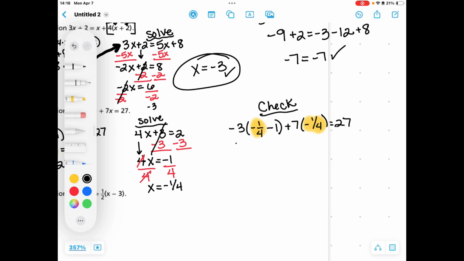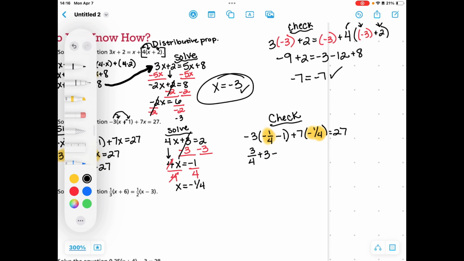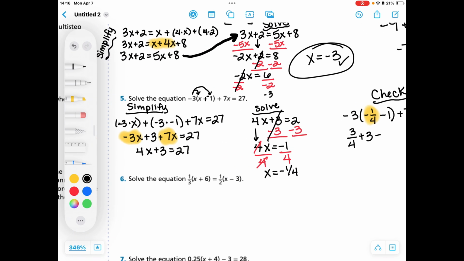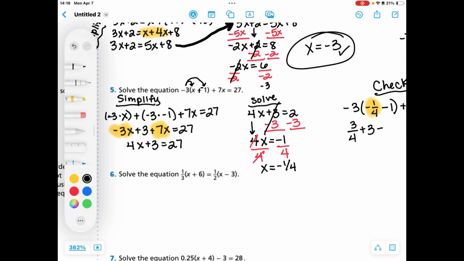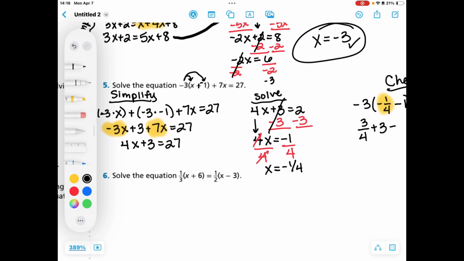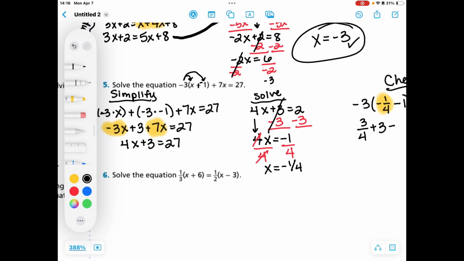So that is going to be a positive 3/4 plus 3 minus, hold on. Yeah, 3x plus 3. Combine like terms.